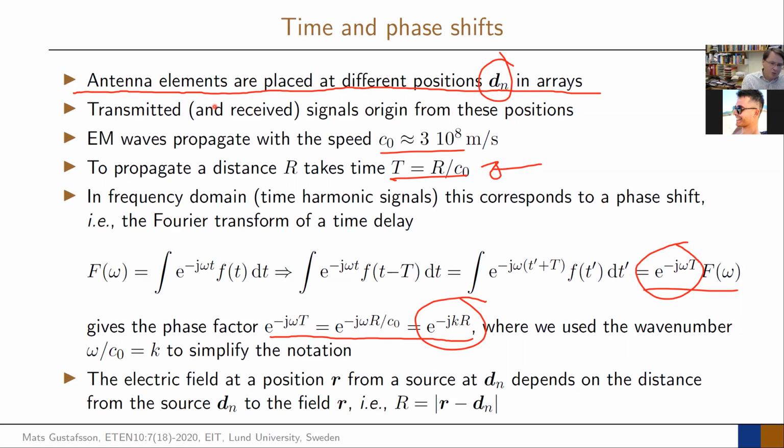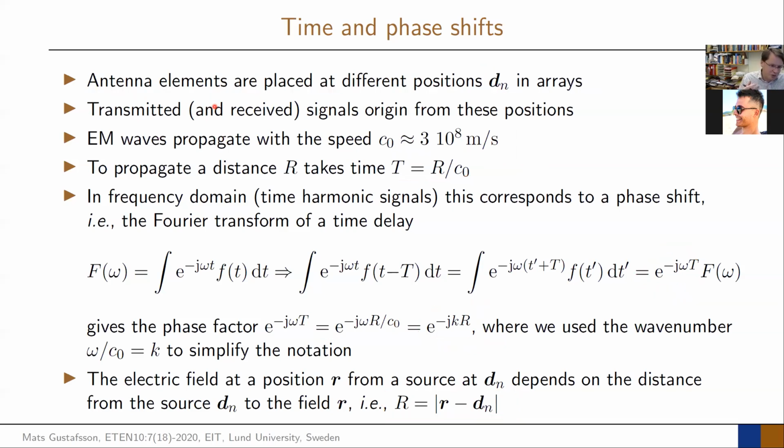The only interesting parameter I have is the distance between my, let's say, observer point, where I want to know what the field is, and the position of my array element. As you recognize, this is basically exactly the same thing as we did for antennas when talking about currents. But now we talk about arrays. It's the same background. So it's a good thing to have as a repetition, because this is really the fundamental understanding when you want to understand the radiation patterns.